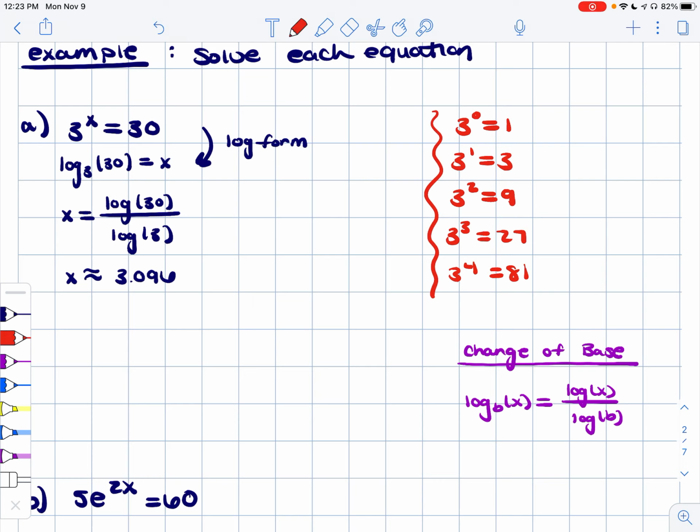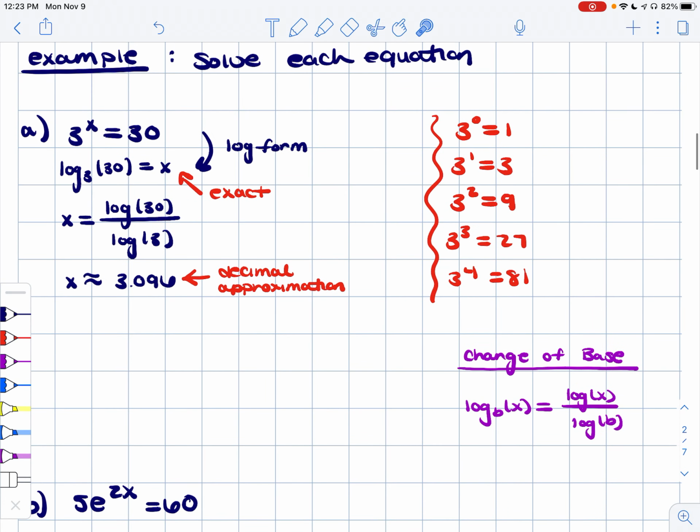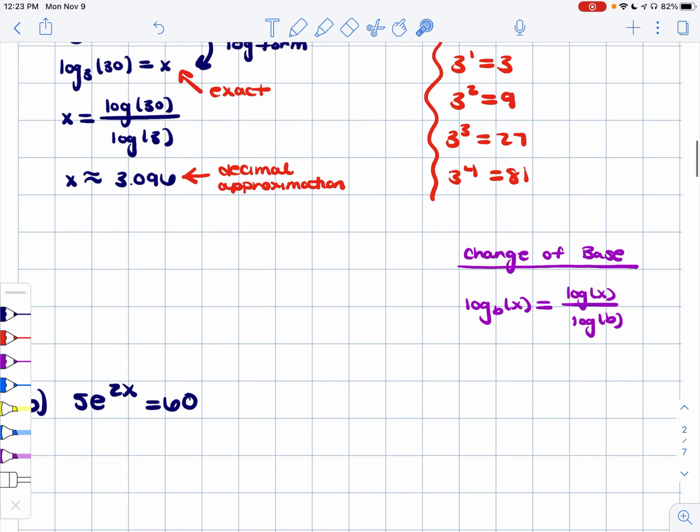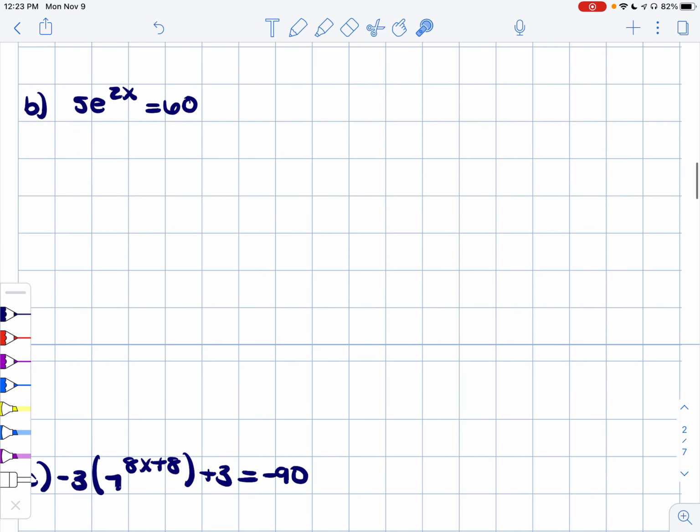So again, this is our exact answer, and this would be our decimal approximation. Depending on what you're asked for in the problem, you'll have to think about which answer you want to give. Okay, so let's take a look at a few more examples like this.